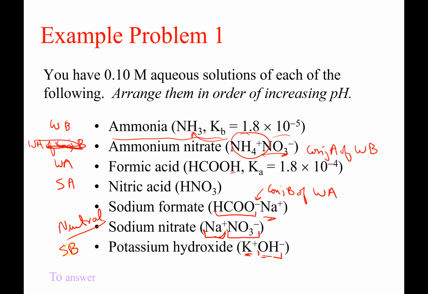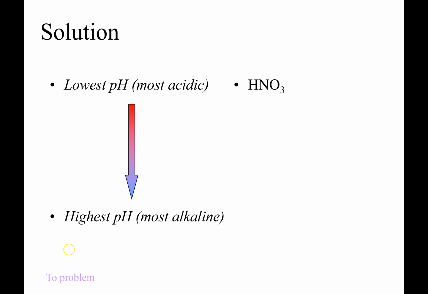So when it comes to organizing them, I'm going to put my most acidic to most basic, and I kind of got my extremes here and the guy in the middle. We're okay with this: nitric acid's the most acidic, potassium hydroxide the most basic.